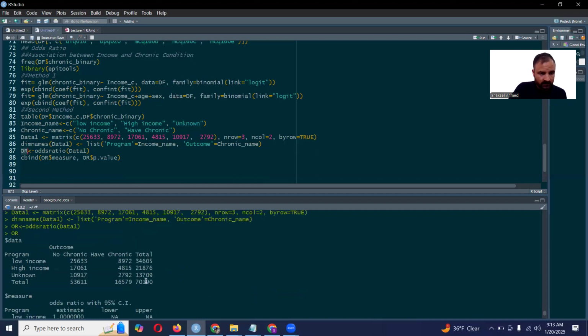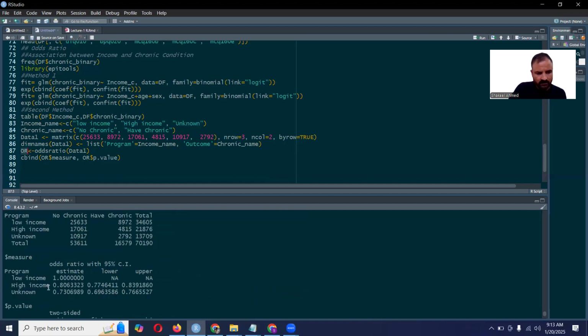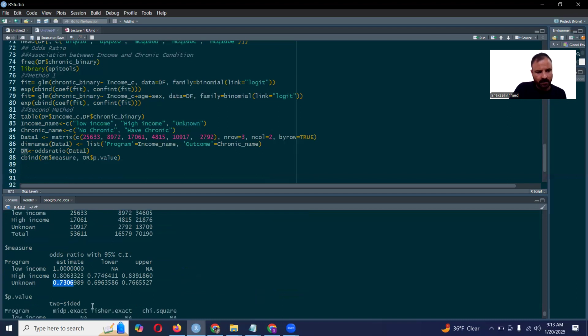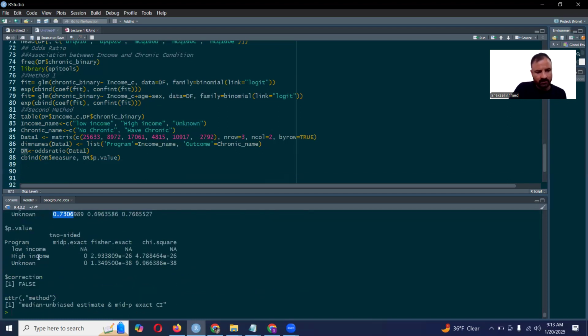It consists of the odds, the data basically we used, and the odds for high income is 0.8. That is the same as we get through logistic regression. And for the unknown category, we again have the confidence intervals. And now we get the p-values using midpoint exact, Fisher exact, and chi-square test.